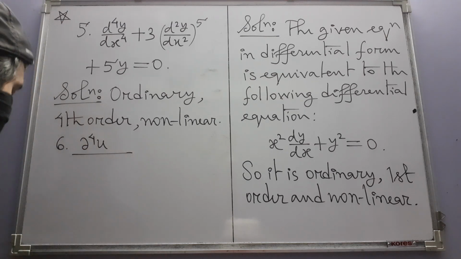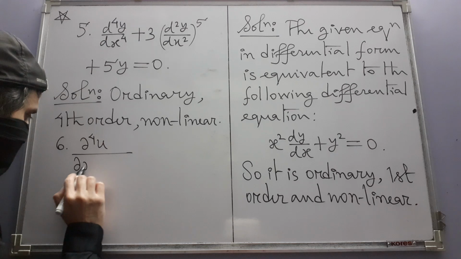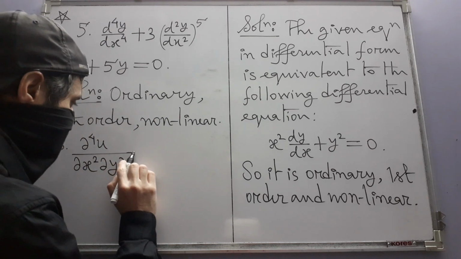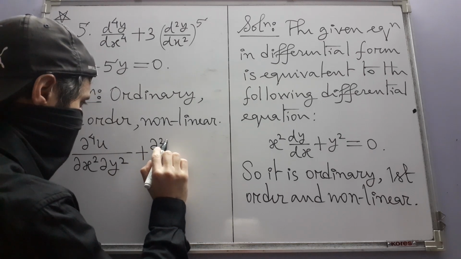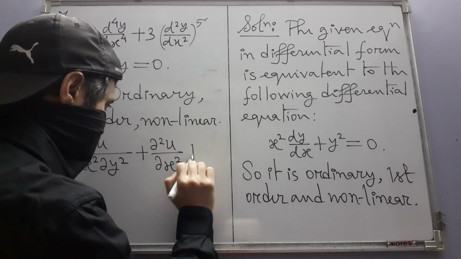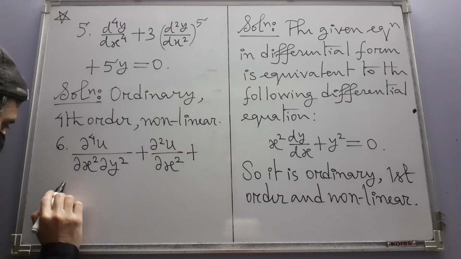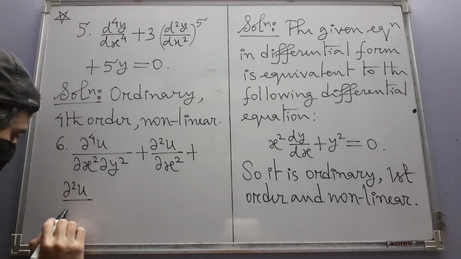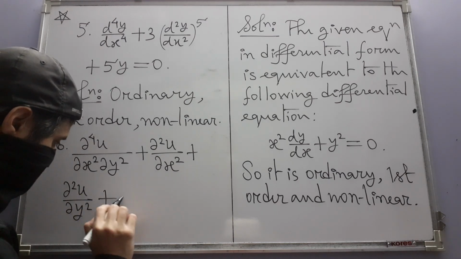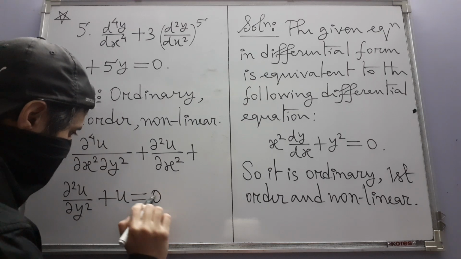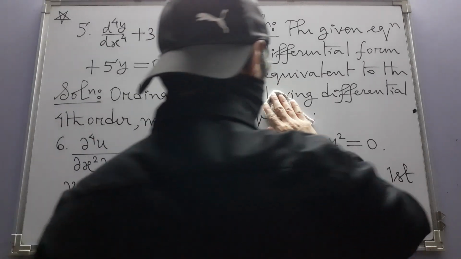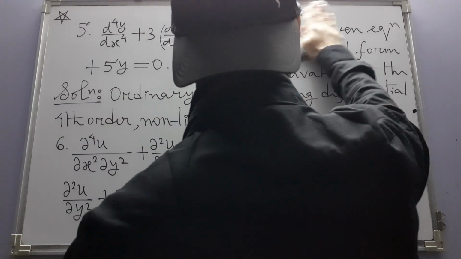U, del fourth u by del x squared del y squared plus del squared u by del x squared plus del squared u by del y squared plus u equal to 0. Two independent variables x and y, so it is partial.